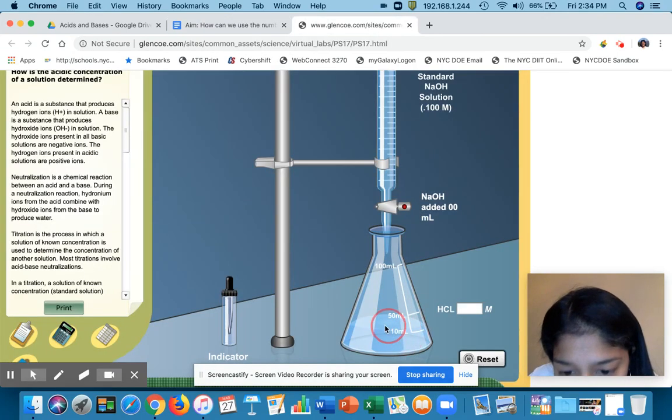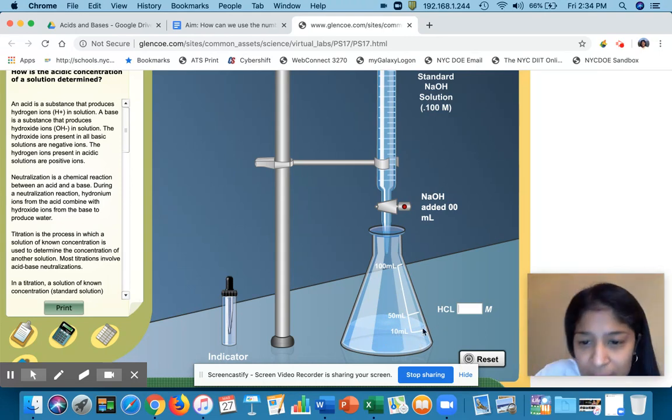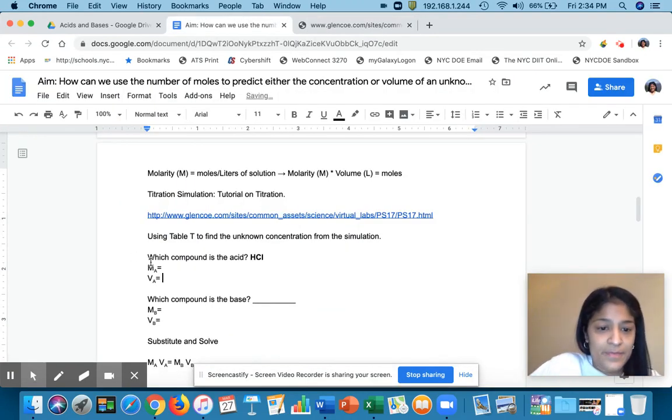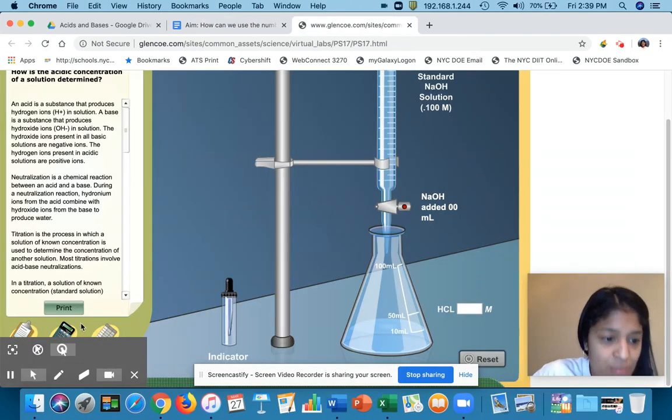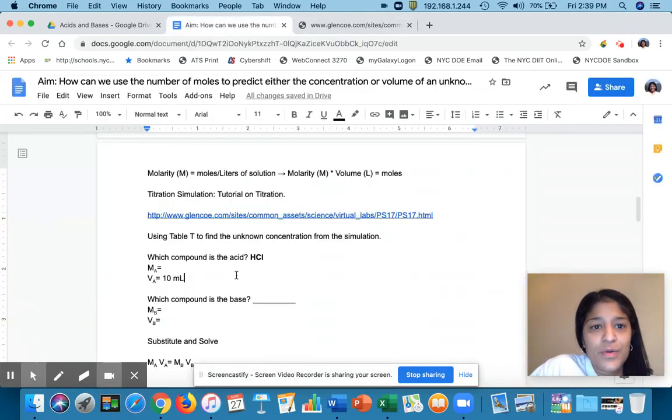It looks like we have 10 mL. It doesn't really tell us, but it's less than 50, so we're going to say 10 mL. So we have 10 mL of the acid.